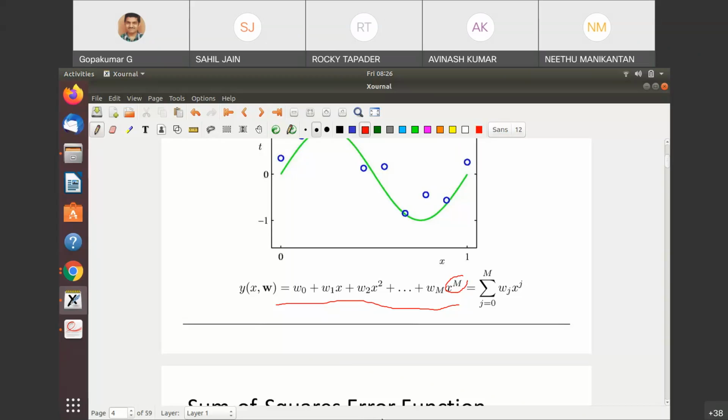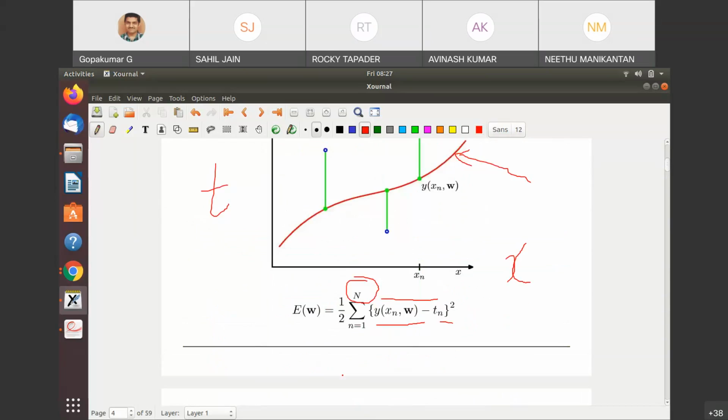Each of these is a different model. So there is an issue of selecting the best model, that is, which model M we have to choose. Model selection is another important issue that we have to consider while designing a pattern recognition problem. So there are many important phases of pattern recognition that we have seen in this example, and it is something we have to always keep in mind.